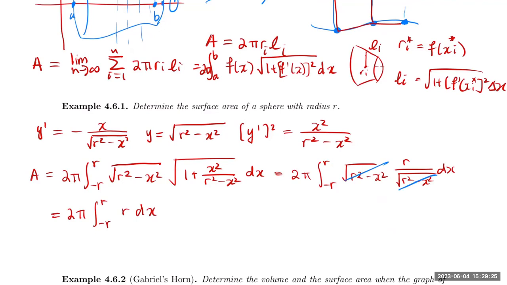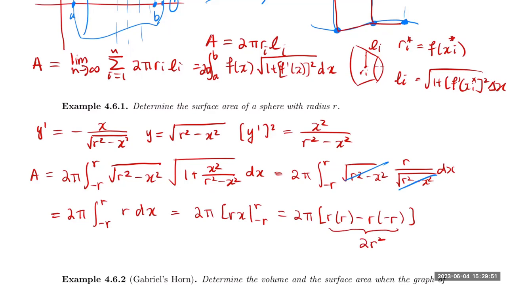So that is just going to be equal to 2 pi times r x, from negative r to r. So that's going to give us 2 pi times r times r minus r times negative r, which equals 2r squared. And so that means the area of the sphere is just going to be given by 4 pi r squared, which is exactly the area that we know of.